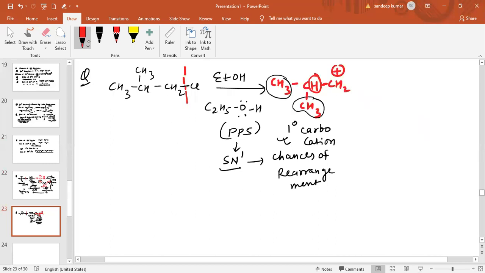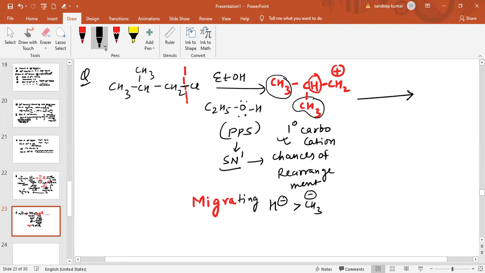Now what happens? We know the migrating aptitude: the migrating power of H minus is more than CH3 minus. So in this case, a 1,2 hydride shift will occur for stability of the carbocation.